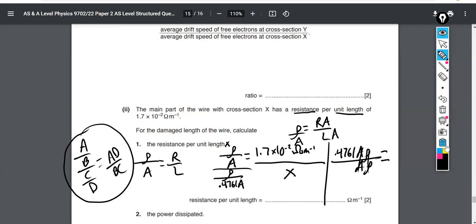So equals 1.7 times 10 to the negative 2 over X. So if I multiply both sides by X and divide both sides by this, I find that my final answer, X equals 1.7 times 10 to the negative 2 over 0.4761.